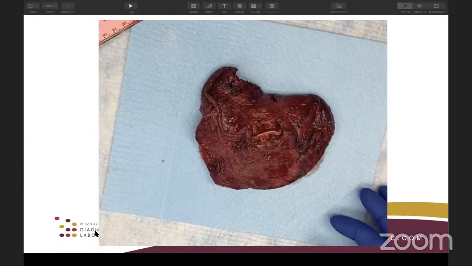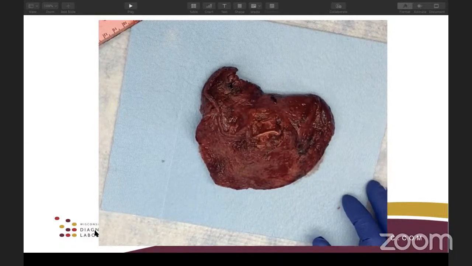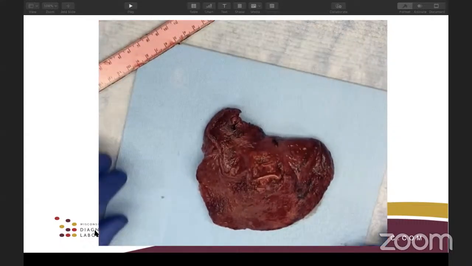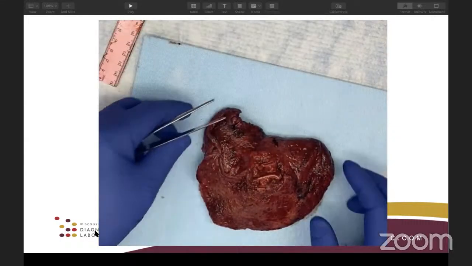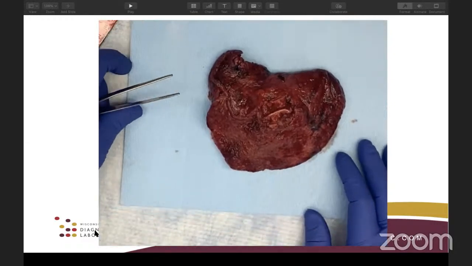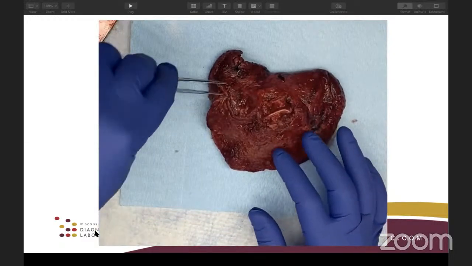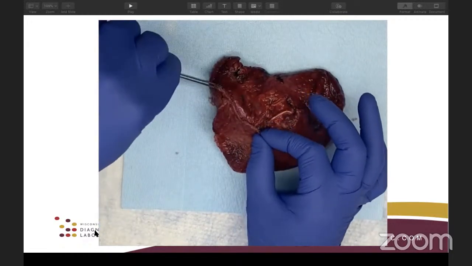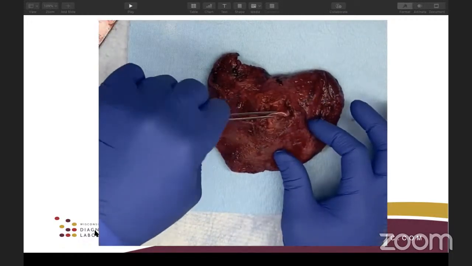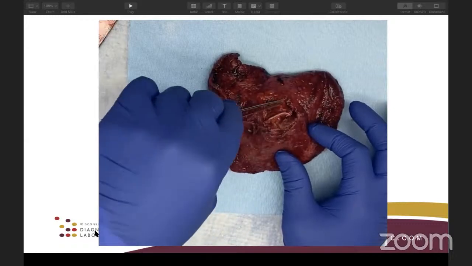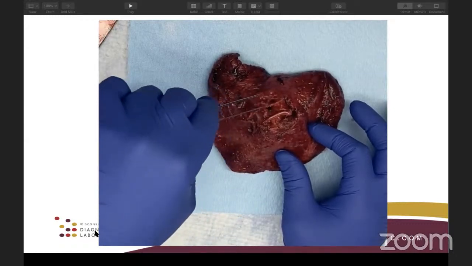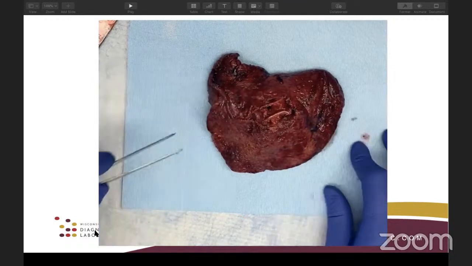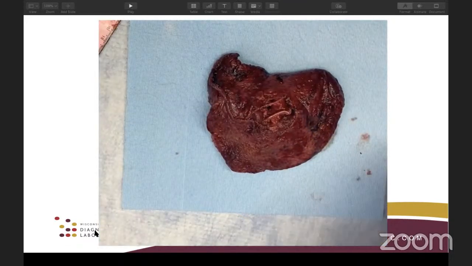You'll see on the left and towards the top, there's a staple line margin there too. There's actually two staple line margins on this specimen, so I'm going to deal with those first. There's the bronchus there, and the vessel margins there, and we'll go through all of those throughout this video.